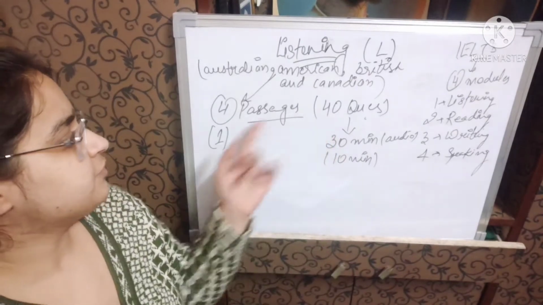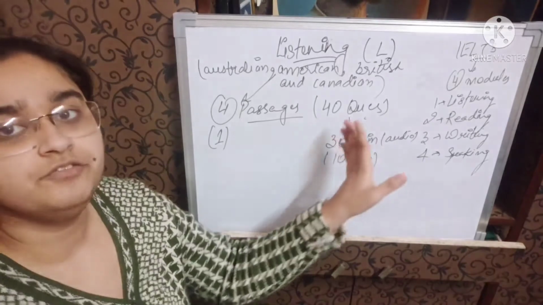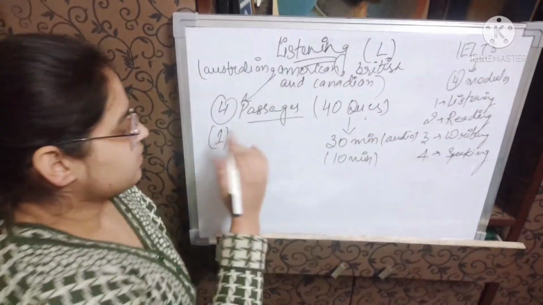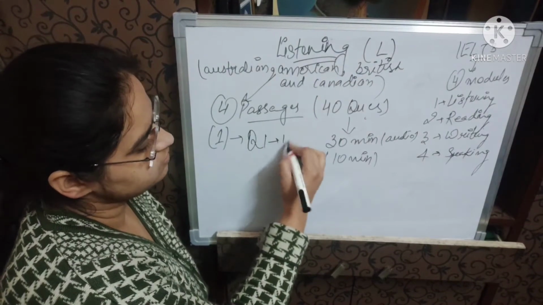So the four passages consist of 40 questions, which means each passage consists of 10 questions. Like the first passage consists of question number 1 to 10.